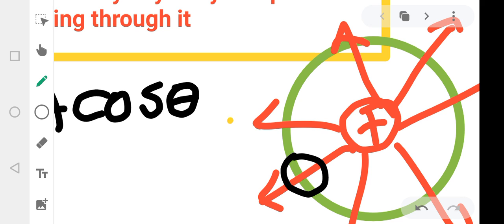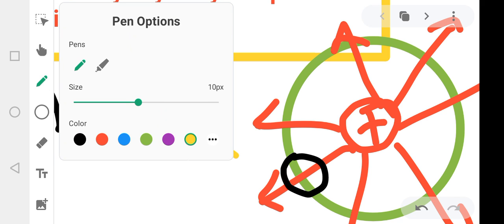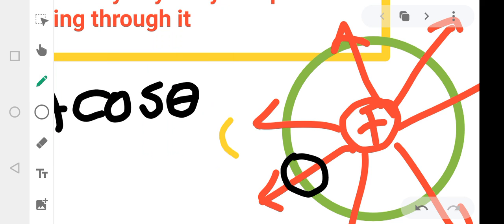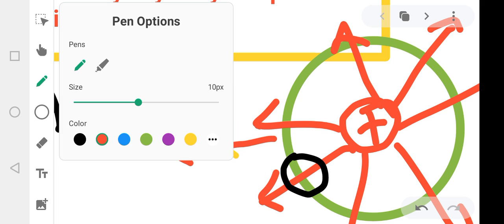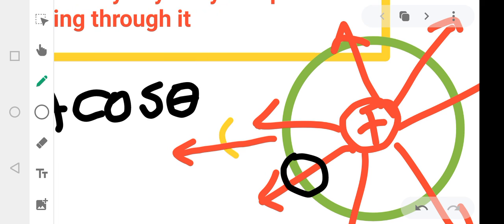So this is our surface like this. And an electric field line is passing through it. If we draw the surface area vector, it will be outward and perpendicular to this surface. So let me draw it. It will be like this.